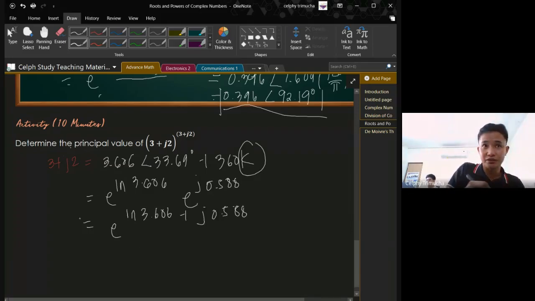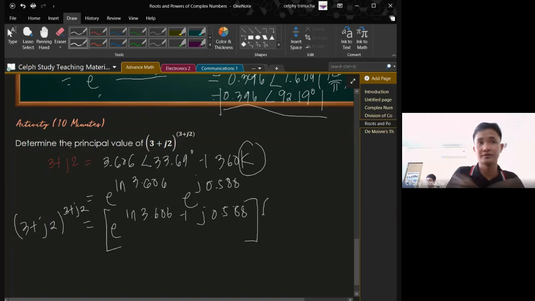Okay, so take note nga base pa lang ni. So kinahanglan ta pa mag raise to the power of, so ang exponent we have 3 plus J2. So kung mag-add pa ta sa about 3 plus J2, so we'll have 3 plus J2.